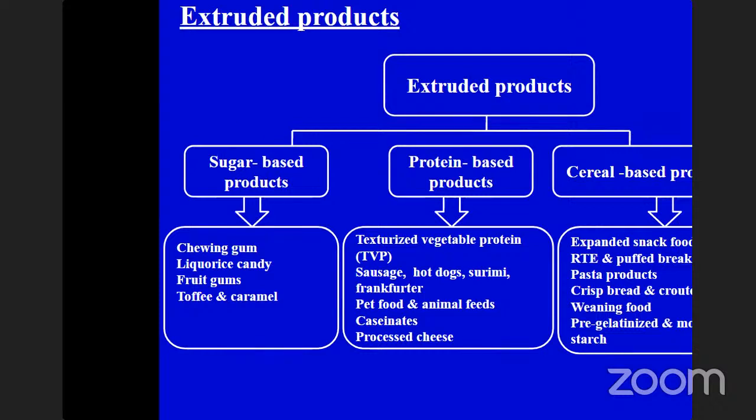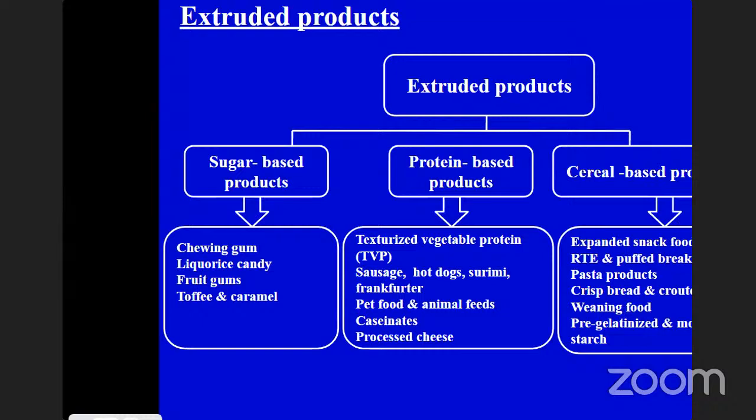The second type is protein-based products such as texturized vegetable protein, hot dogs, and surimi. And the third type is sugar-based products such as chewing gum, licorice candy, toffee, and fruit gum.